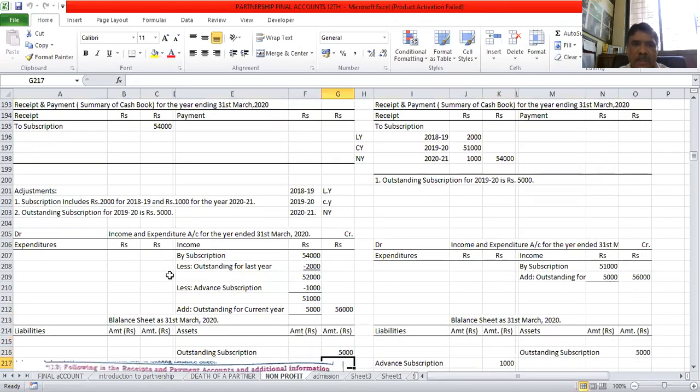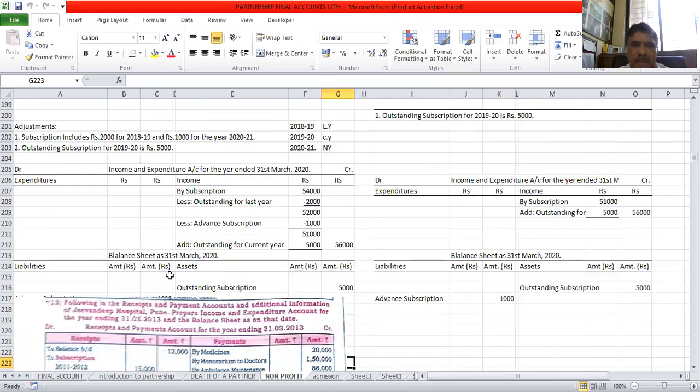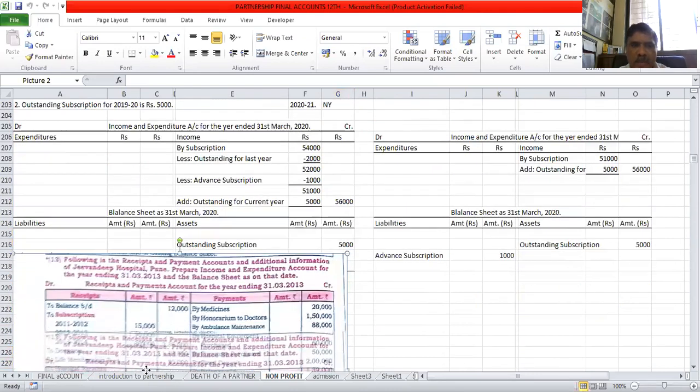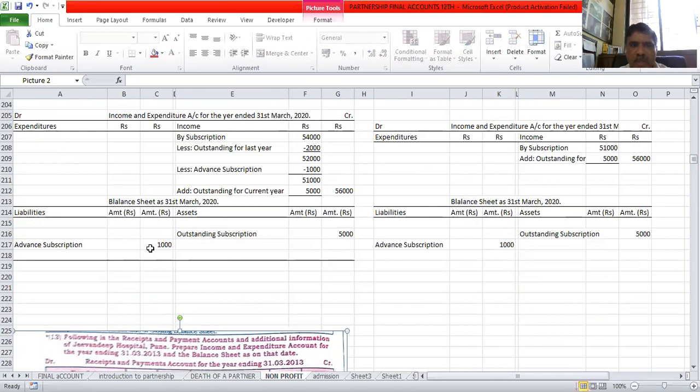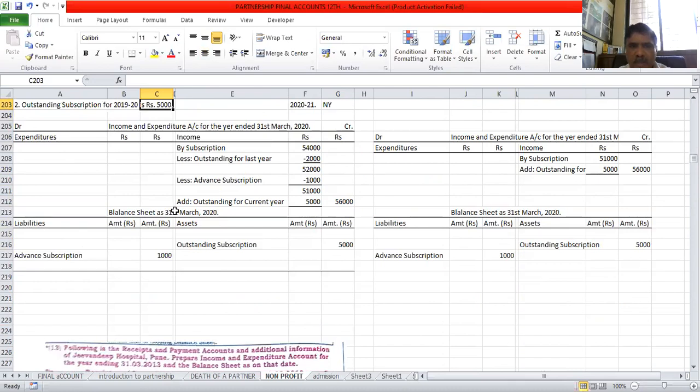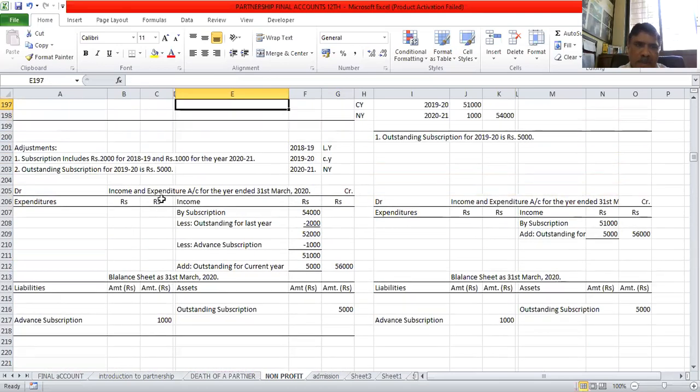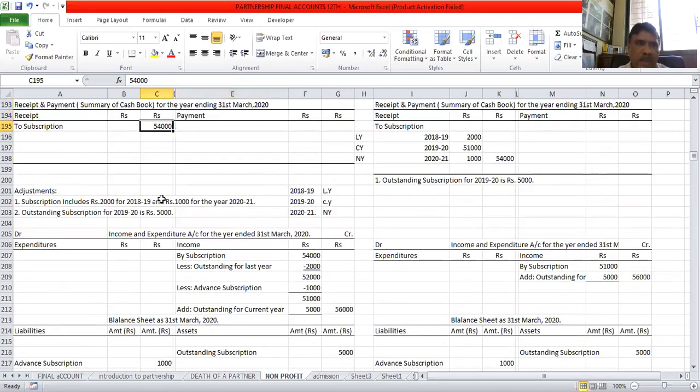Income received in advance is treated as a liability. That is why we mention it on the liability side of the balance sheet as advance subscription. And at the same time, the outstanding subscription for the current year, the income accrued but not received, is an asset because that much amount is receivable by the trust. So this is the effect when subscription is given together in the receipt and payment.